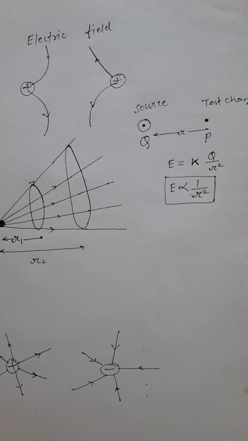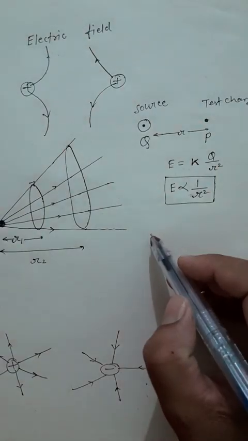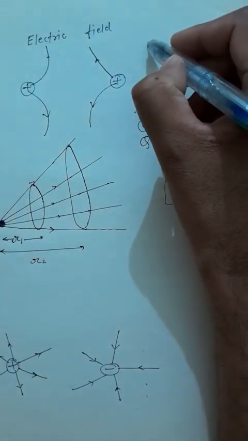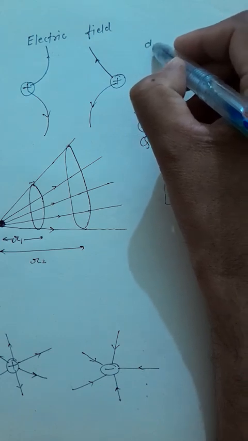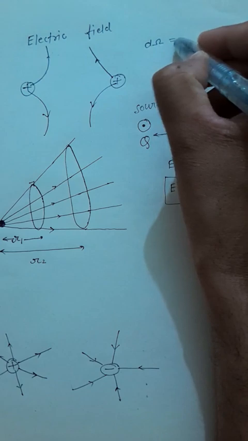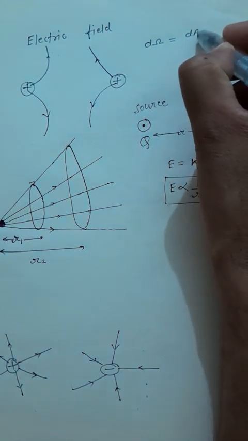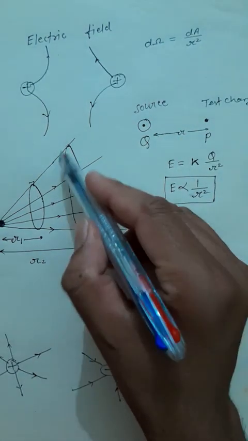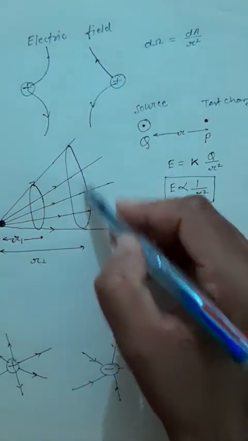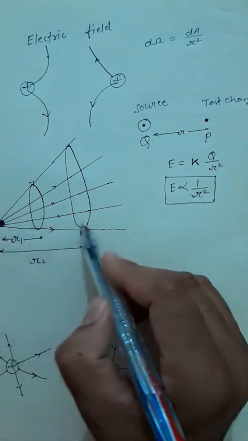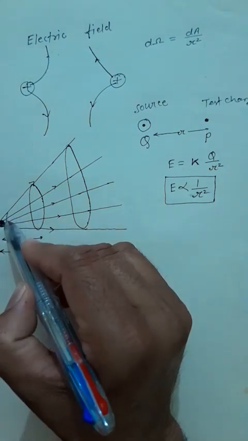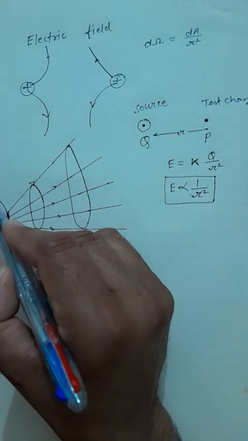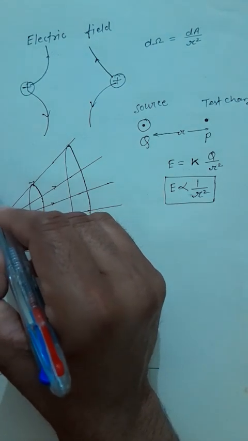If you remember from class 11th, there was a solid angle we defined. How did we define the solid angle? The solid angle was defined by d omega, and it is equal to the area upon r square. This is delta a, this is distance r from the source, and here this is the solid angle, d omega.